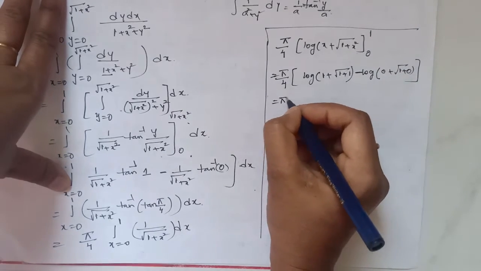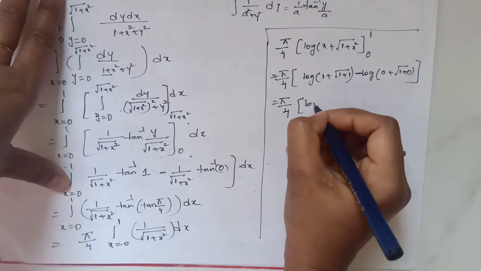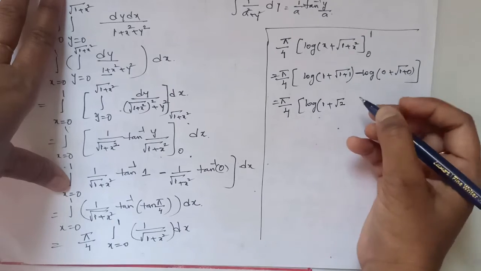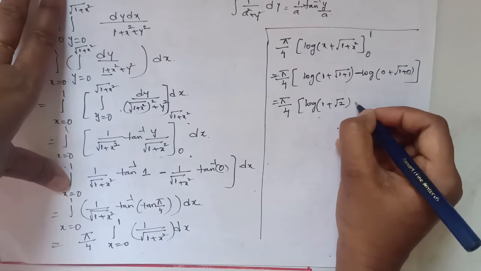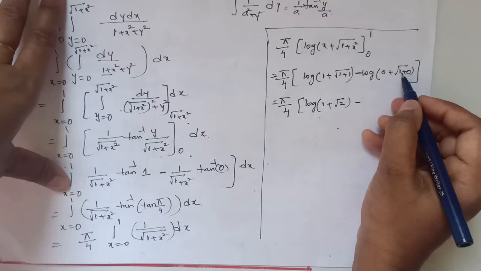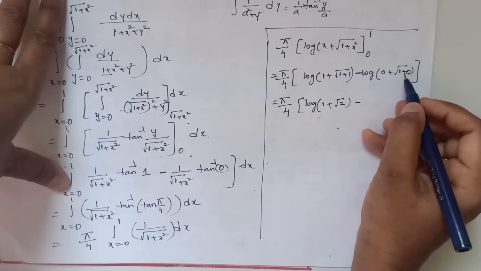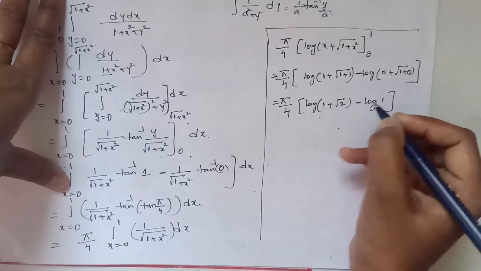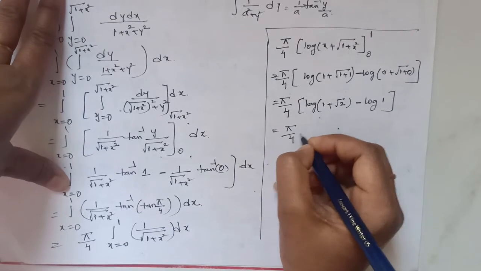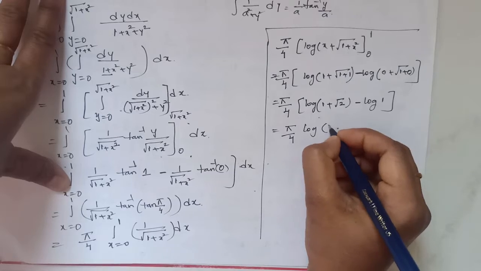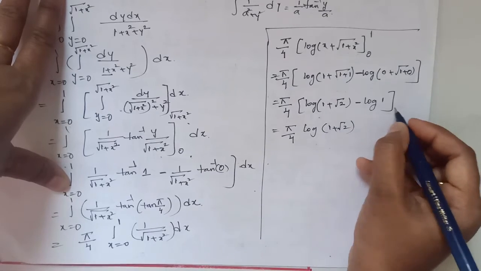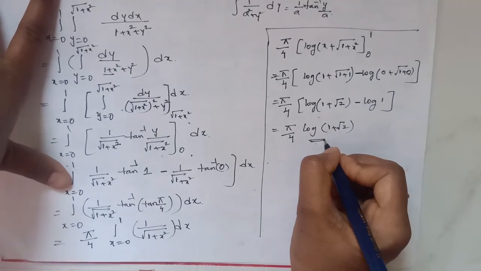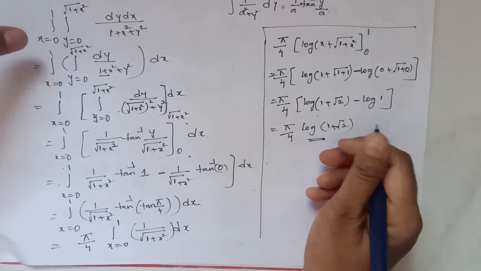This is equal to pi by 4 log of 1 plus root 2, minus log of 0 plus 1, root 1 is 1, 1 plus 0 is 1. Log 1 is 0, so you get only this: pi by 4 log of 1 plus root 2. This is the first answer. This is about the first problem.